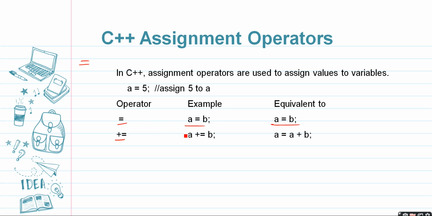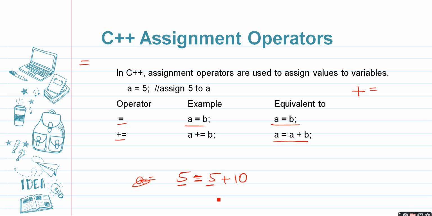Now plus equal to, what does this mean? It can be something like this: a is equal to a plus b. Let's say I want to write a is equal to 5 plus 10, so a is 5 plus 10. We can see that this 5 is the same as this one.